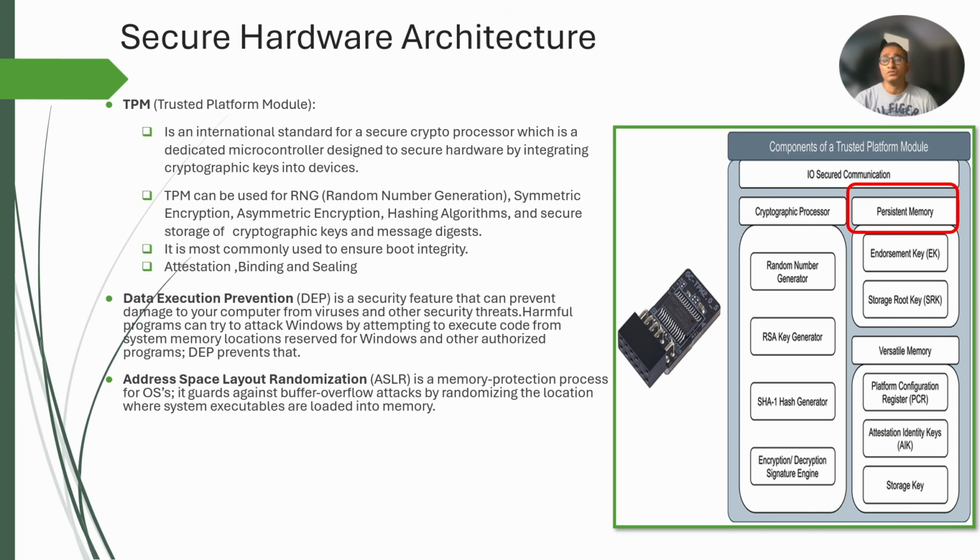But there are also other aspects that come into play here. Important among them is address space layout randomization. This is also an important concept because it protects your memory from being attacked in terms of buffer overflow.